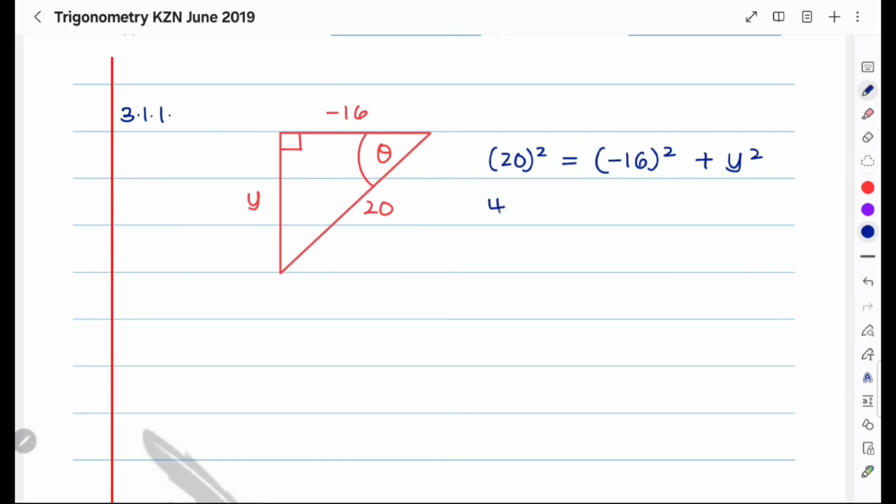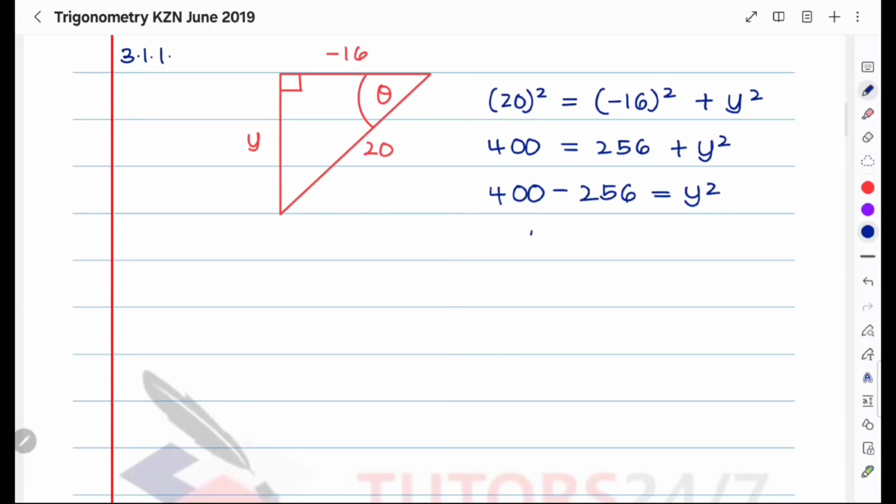So we have 20 squared, that gives us 400, -16 squared, that gives us 256 plus y squared. Now we are going to move all the constants to one side, add them up, and that gives us y squared is equal to 144.